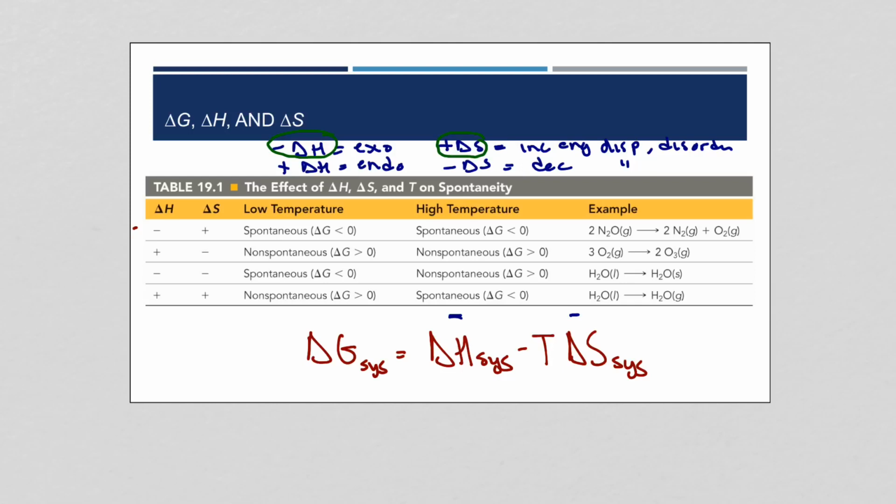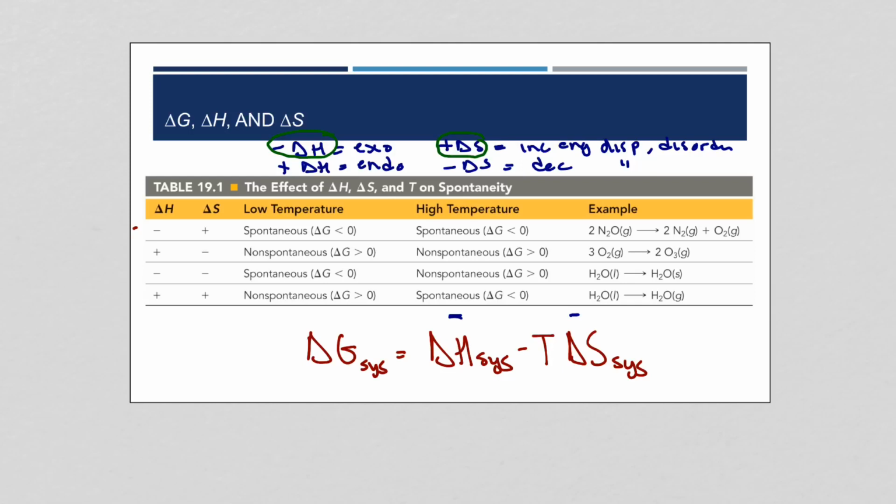As T becomes larger and larger, this term becomes bigger and bigger, and at some point the positive part of this will become larger than the delta H term, and will flip this answer to positive or non-spontaneous. So this kind of scenario is going to tend to be spontaneous at relatively lower temperatures.